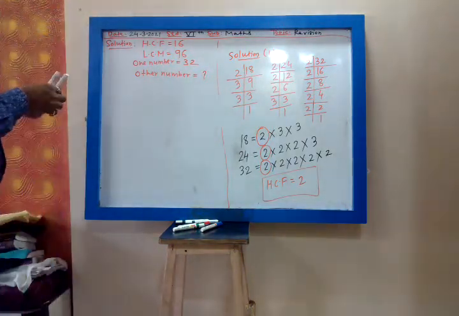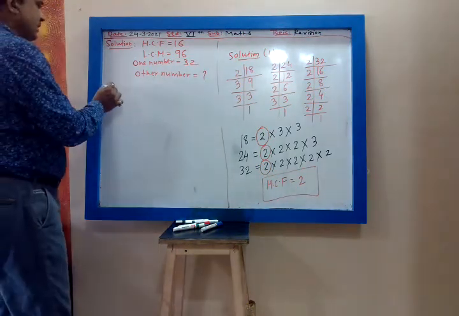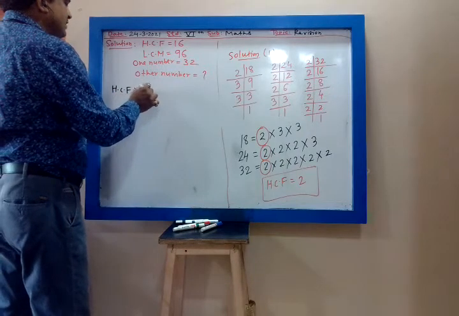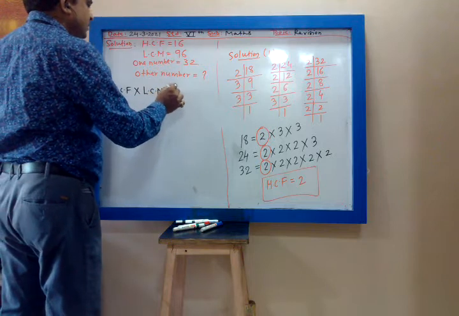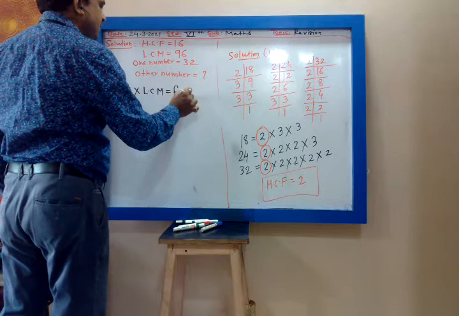Now this is the formula. HCF into LCM is equal to first number into second number.